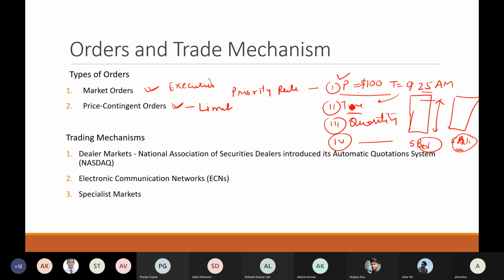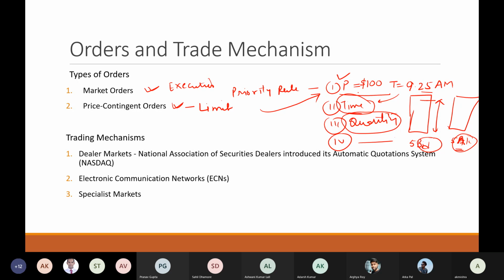That order will get priority, because chances are very likely that 5 different investors have submitted limit orders with the same price condition. Then the order that came first will get priority. And if both are the same, then who wants high quantity, or who is providing more liquidity? So this is the priority rule we follow.